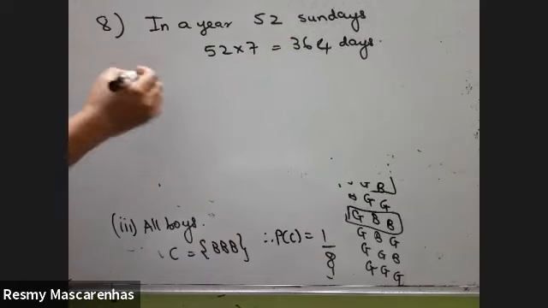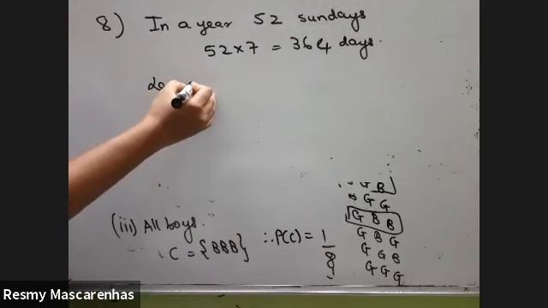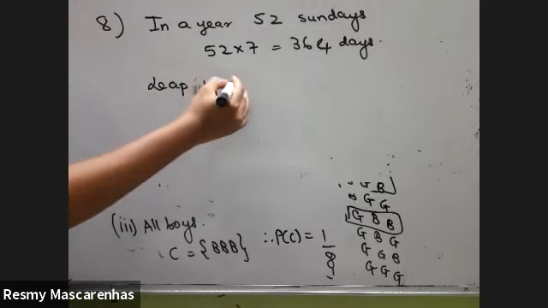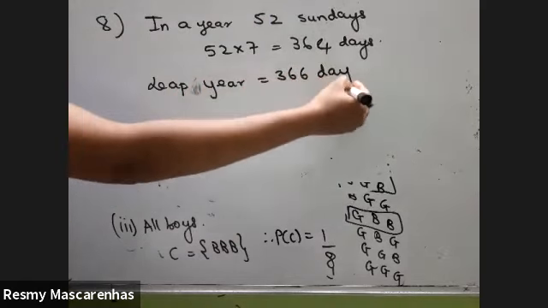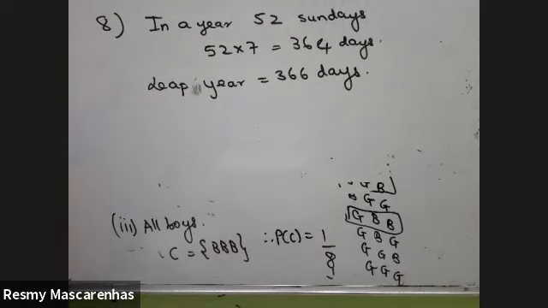Now, how many days does a leap year have? A leap year has 366 days. A leap year will always have 1 day extra than the normal year.